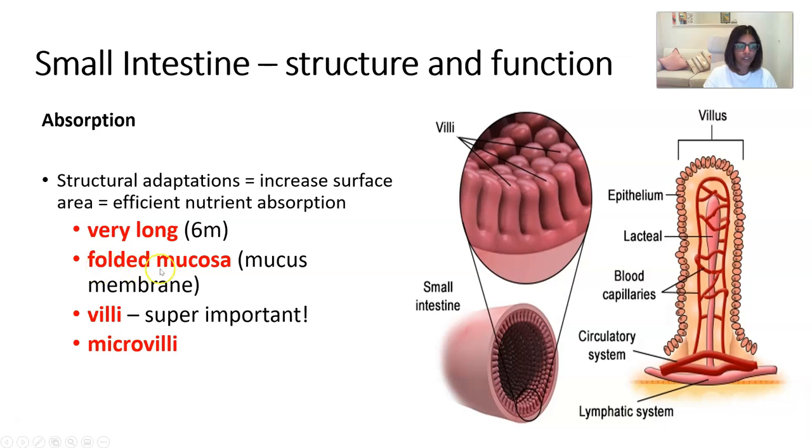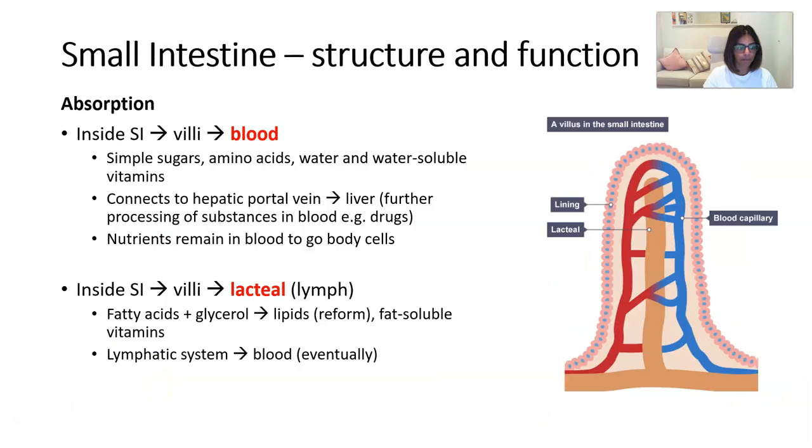The lining, which is the mucous membrane, is folded. So we say it has a folded mucosa. Each of these folds are known as a villus, and each villus has microvilli. The small intestine has a very unique structure that specifically suits its function in absorption of nutrients.